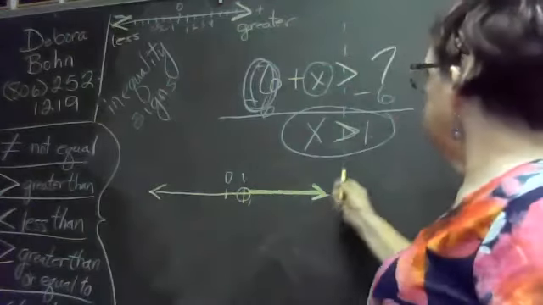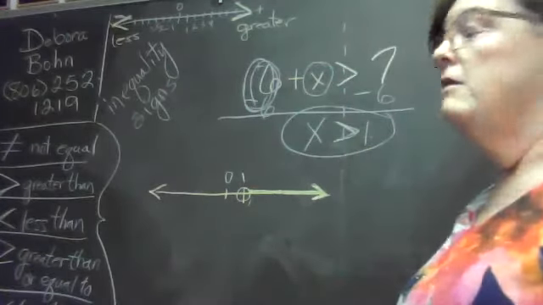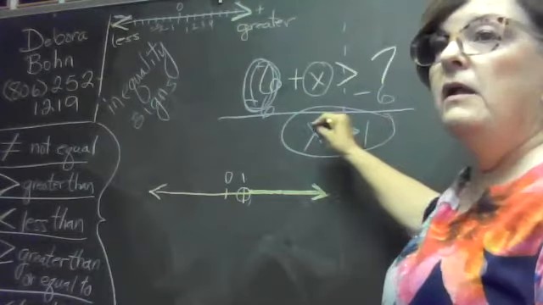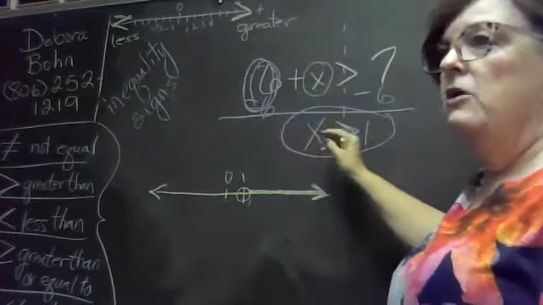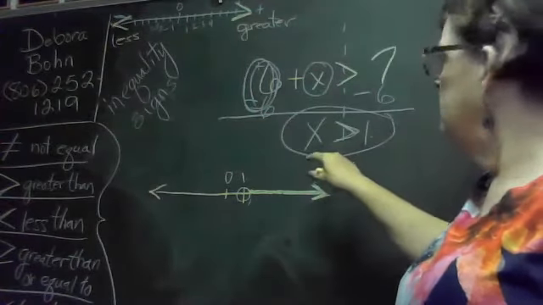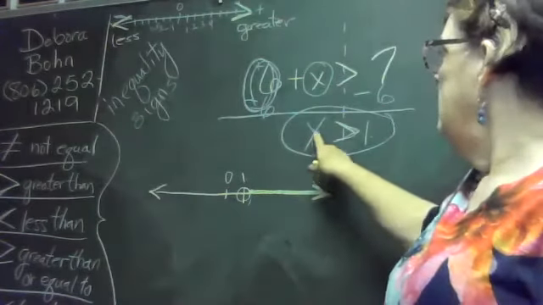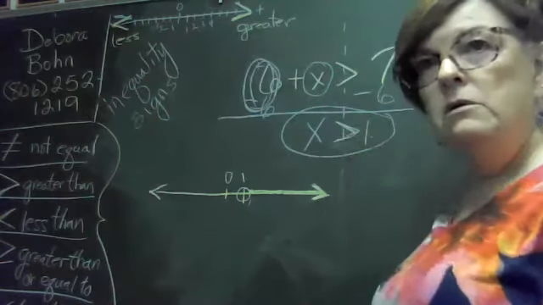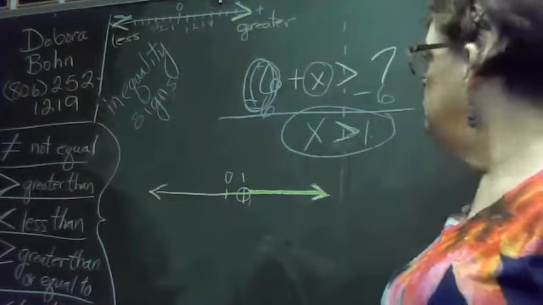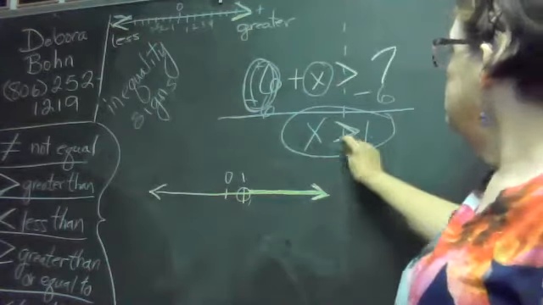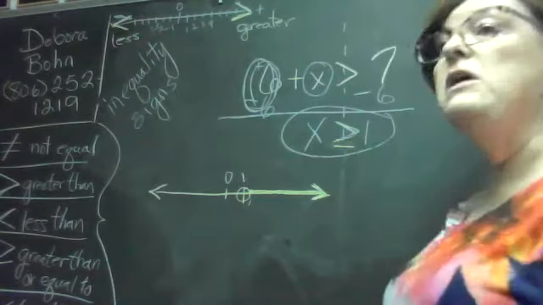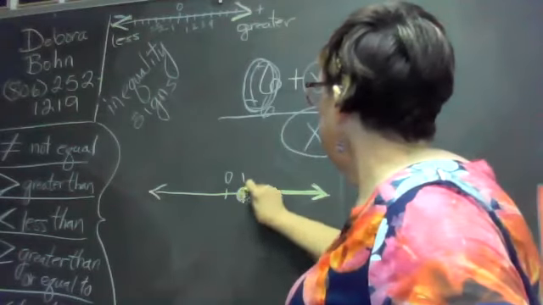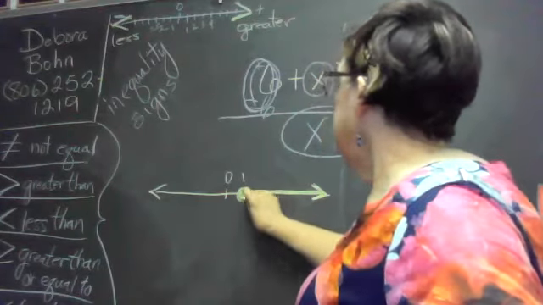I go to the right because it's greater than. That's why you need to learn to say the word and not think about the alligator mouth. Alligator isn't helping here, is it? So you say x represents all numbers that are greater than 1. Do y'all see? And the only difference here, again, is if it said greater than or equal to, then I would have the same shading, but I would make it equal to 1.